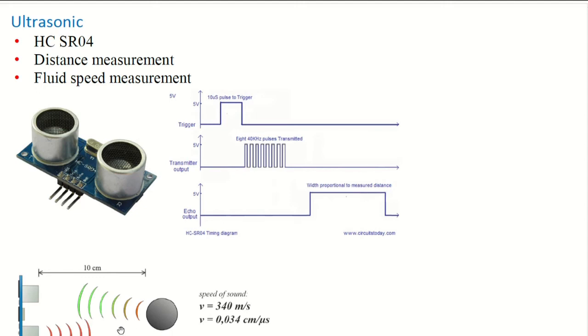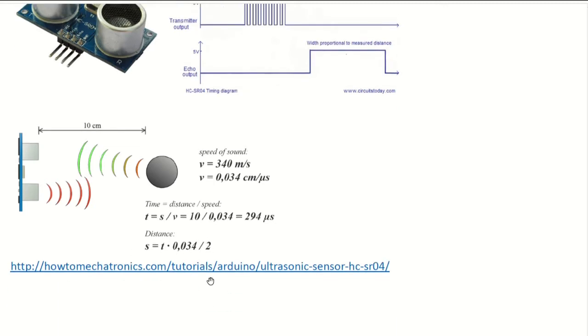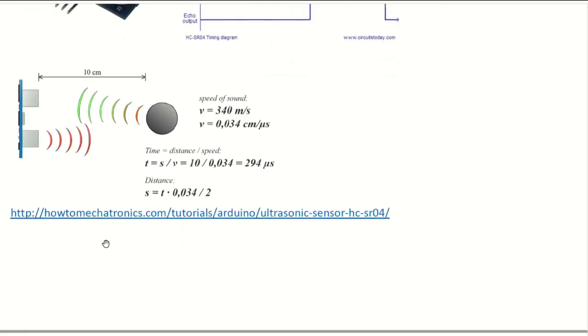It is transmitted, reflected on an obstacle, and comes back. By measuring the time between the transmission and the echo, this signal is proportional to the measured distance. So with a small calculation you can sense the distance, but it's not very accurate.